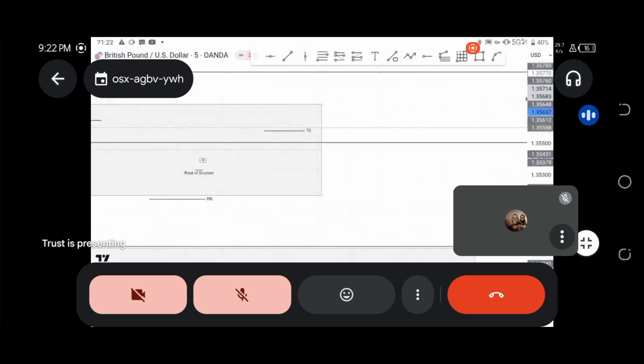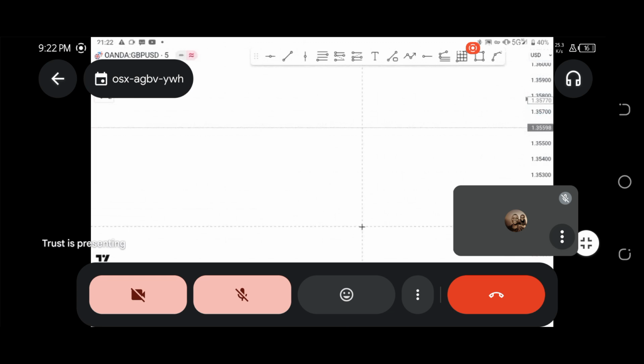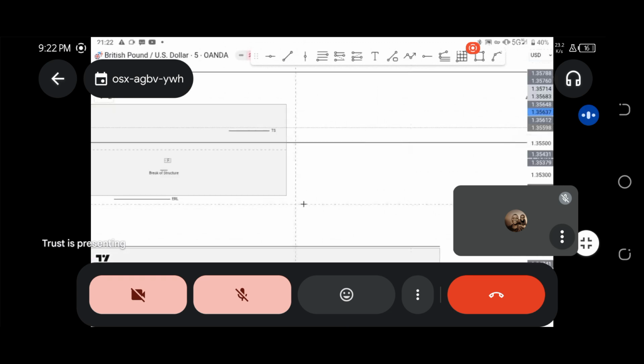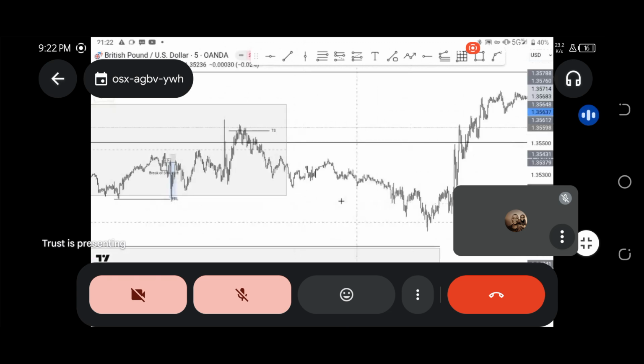I'm just waiting for this thing to move. This is the points that we're looking at. And this is the 5 minutes. The network is poor, so things are not loading as fast as they should. So this is manageable.